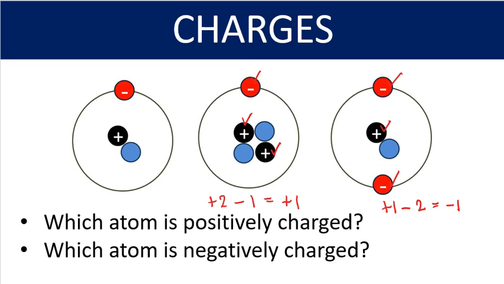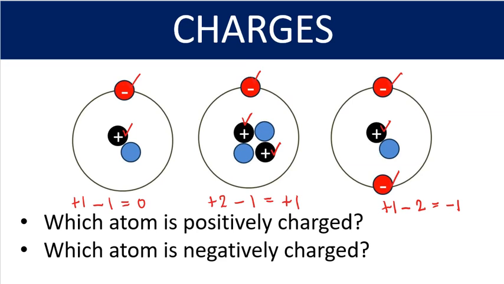Well, how about the atom on the left? What net charge does it have? If you answered 0, you're correct. I have one positive charge, plus 1, one negative charge, minus 1. So the net charge is plus 1 minus 1. This gives me 0.